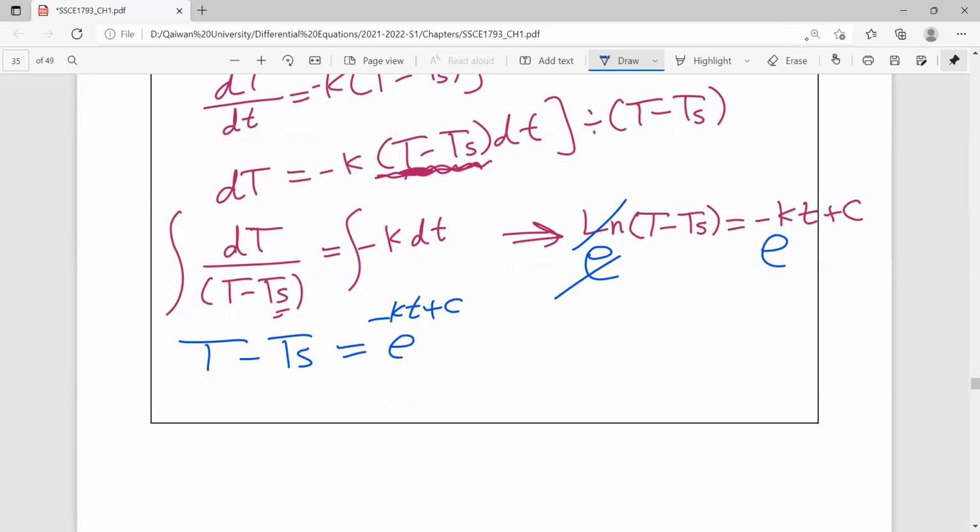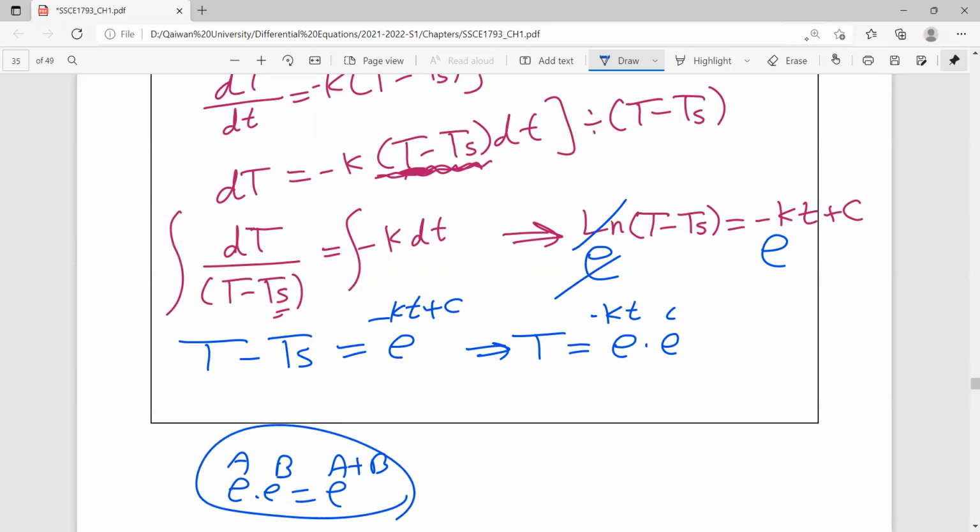And then we say T equals e to the power minus kt times e to the power c. Can I say that? Here we say e to the power a times e to the power b equals e to the power a plus b. By using this property, we can separate these two.